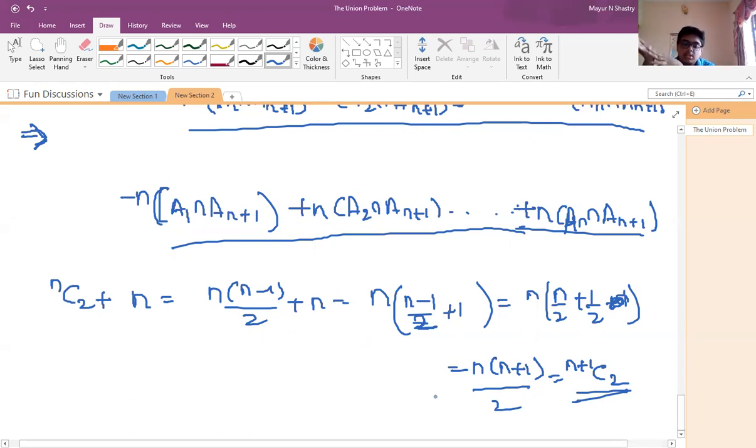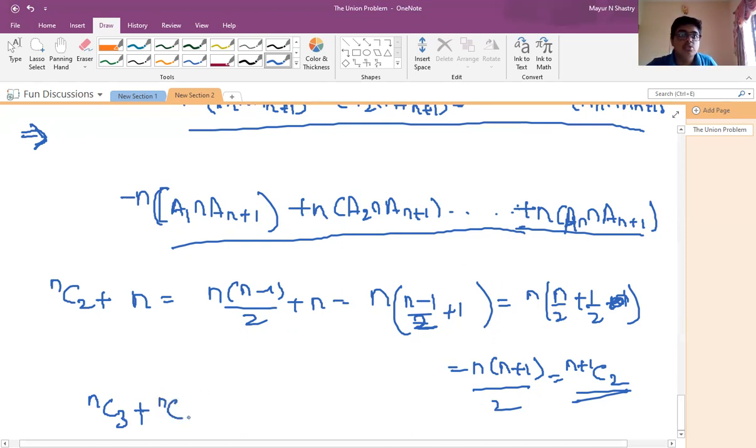If you take n of A1 union A2 union A3 all up to An, because you can do the same thing for intersections taken 3 at a time, like Ai intersection Aj intersection Ak. Initially, you would have n choose 3 many terms, and here, if I take two intersections, there will be n choose 2 terms.